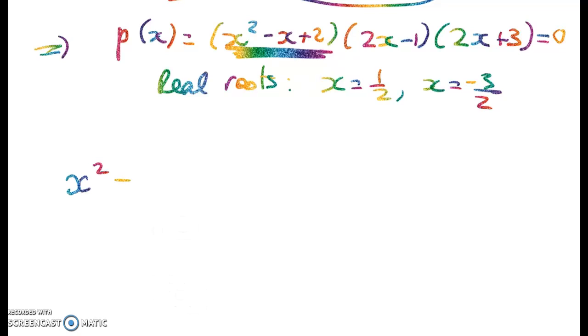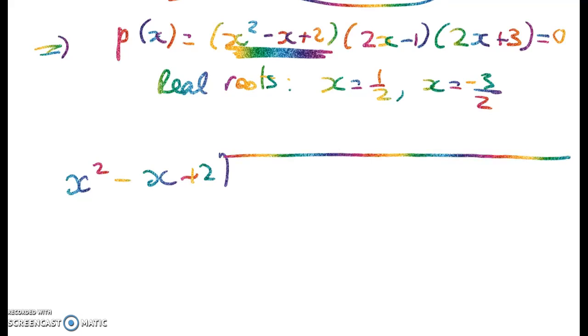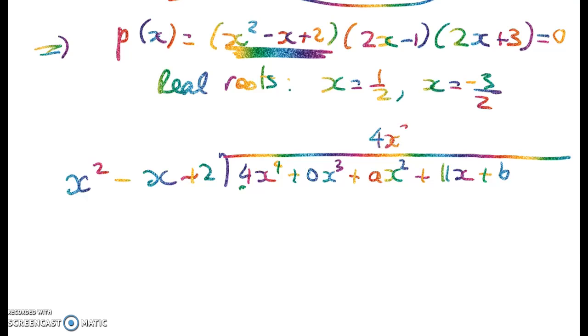So let's see. If we've got this, how can I do long division? Well, remember that we have to put a column in for the 0x cubed, and then we've got ax squared, yuck, plus 11x plus b. So I need to match this. I'm going to start with 4x squared here.